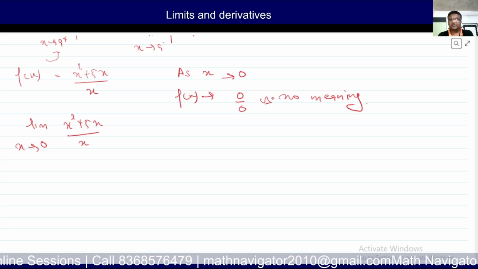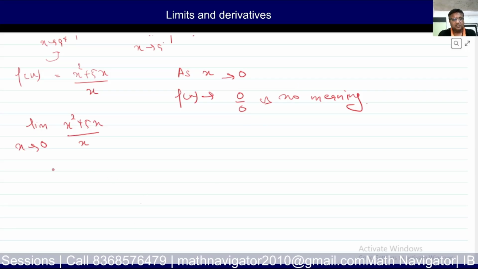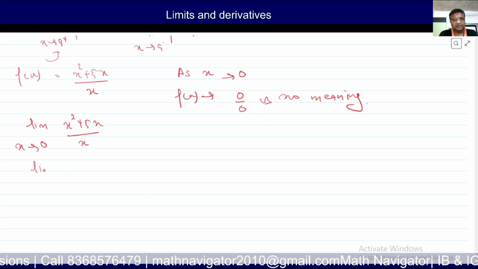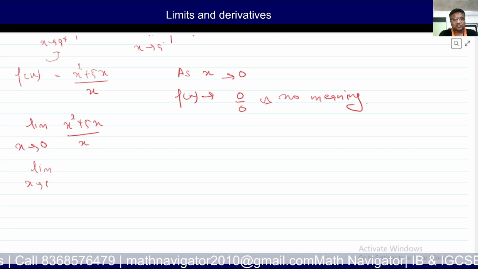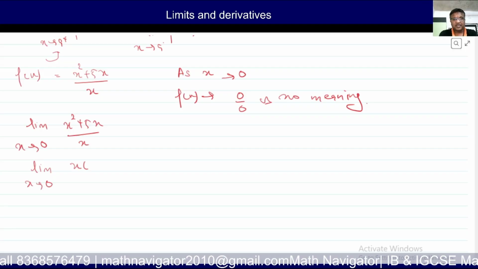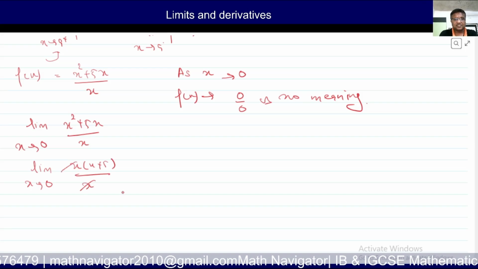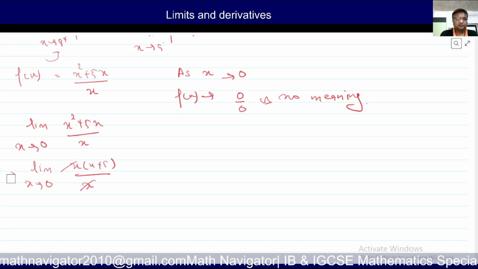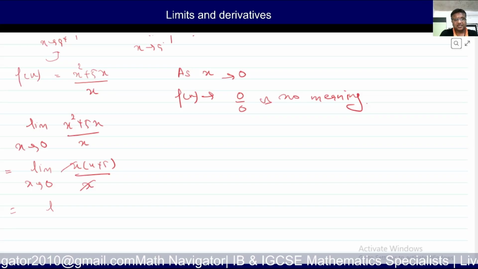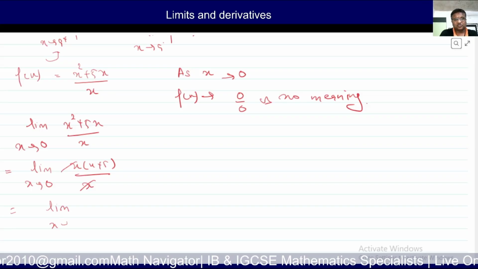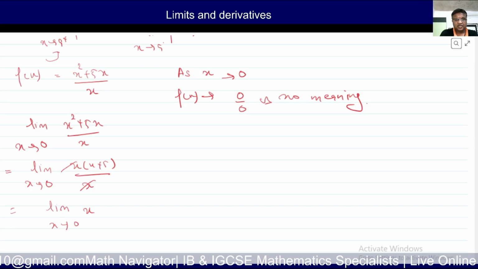In this case, it becomes 0 over 0, which has no meaning. But what I can do is limit x tends to 0, x times (x plus 5) over x. x cancels x. Now I'm left with limit x tends to 0, x plus 5.